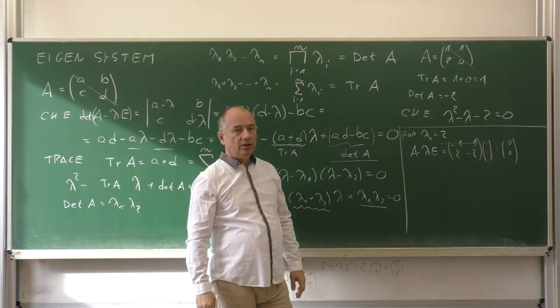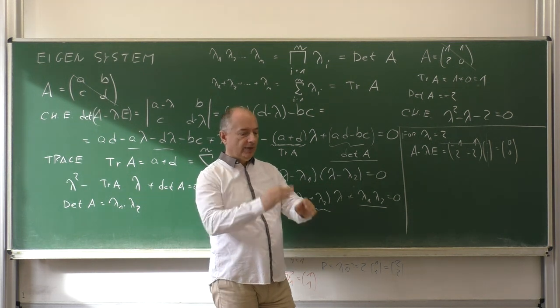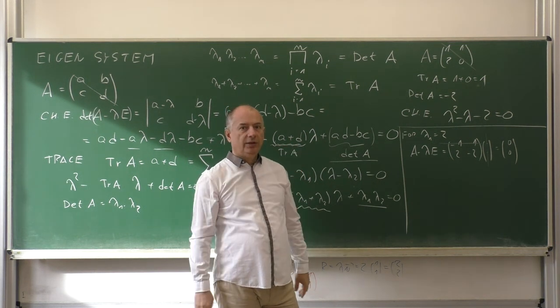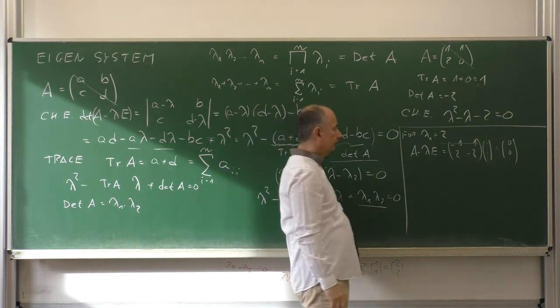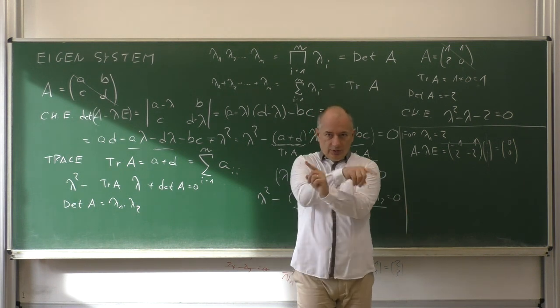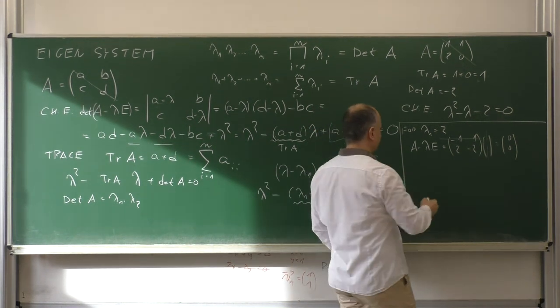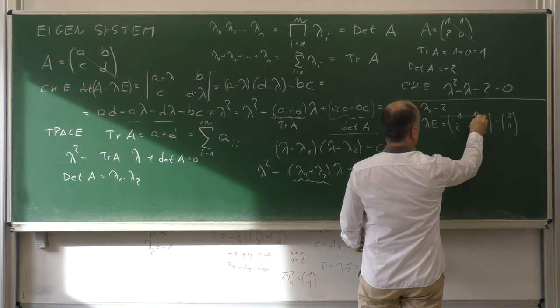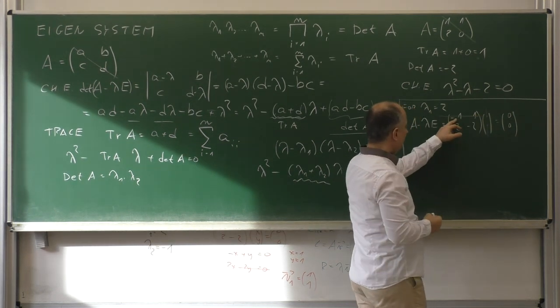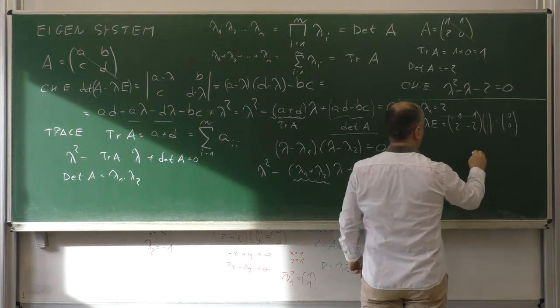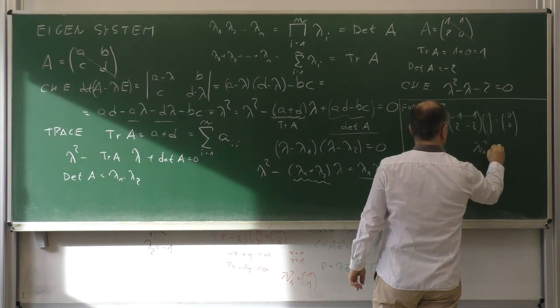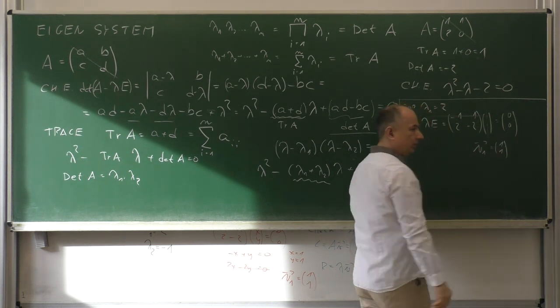And it is easy to find a vector that is perpendicular to a given vector in a plane. We just swap the two coordinates and we multiply one of them by -1. So we take these two numbers, we multiply one of them by -1 and we swap them. So immediately we see that (1, 1) is a good eigenvector.